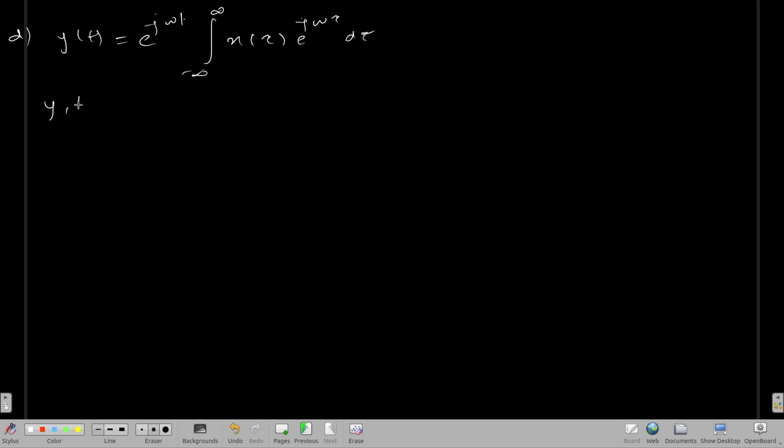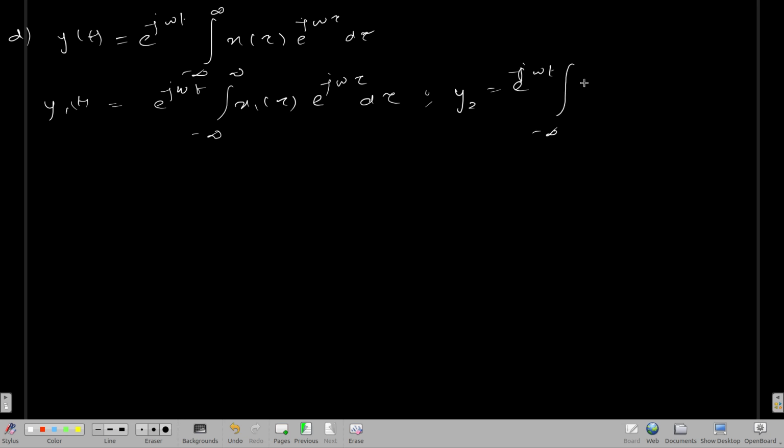So again y1 of t is equal to e to the minus j omega t times the integral from minus infinity to infinity of x1 of tau e to the power of minus j omega tau d tau, and y2 of t is equal to e to the power of minus j omega t times the integral from minus infinity to infinity of x2 of tau e to the power of minus j omega tau d tau.